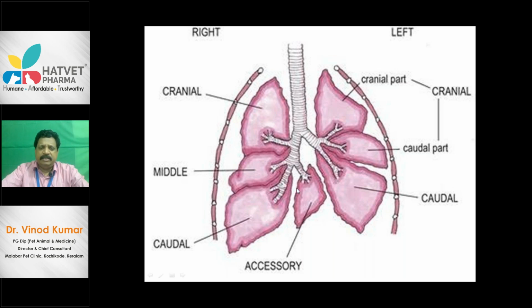The right has 4 lobes, the left has 2 lobes, and the cranial lobe is again divided into cranial part and the caudal part. In the right lung, the accessory lobe, caudal lobe, middle lobe, cranial lobe. Actually, all these things can, to a certain extent, be seen in radiographs.